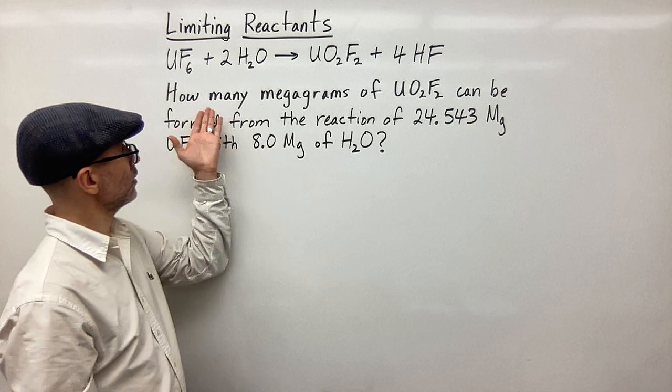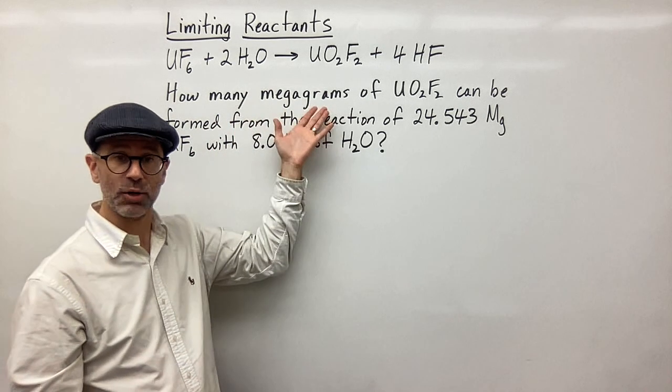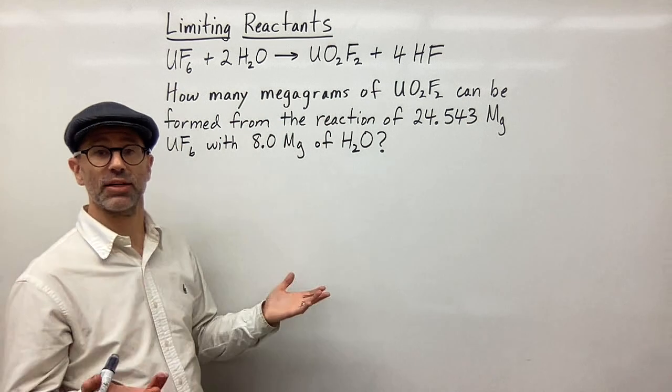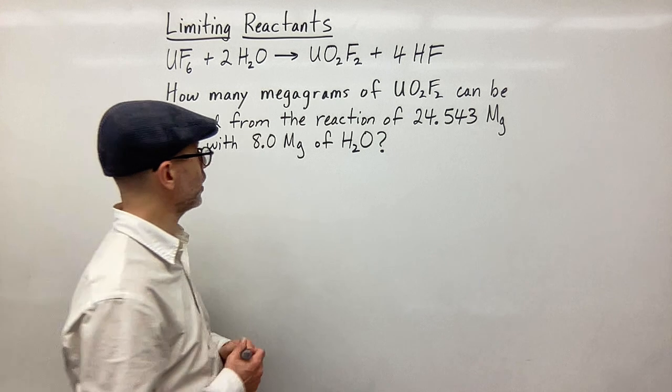Also, they're asking us to calculate the grams or the mass anyway, so might as well just convert to the mass and see which one gives us the lesser amount, and then we're done with the problem. So here we go.